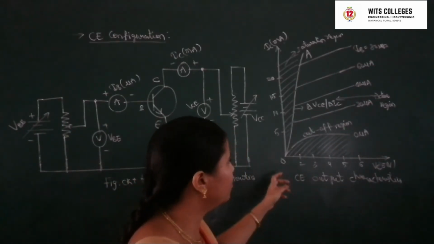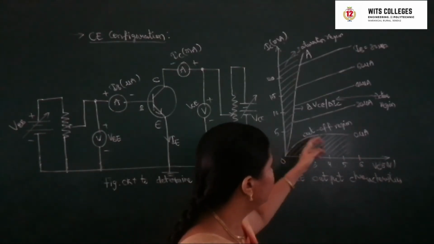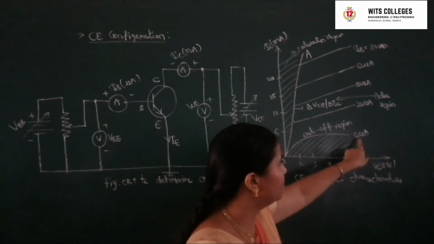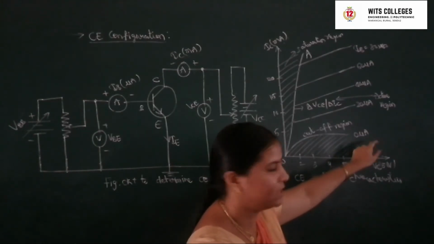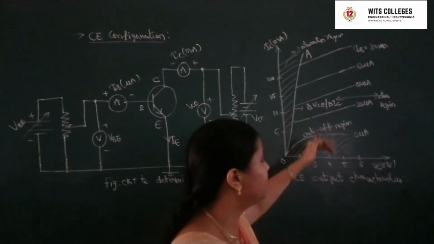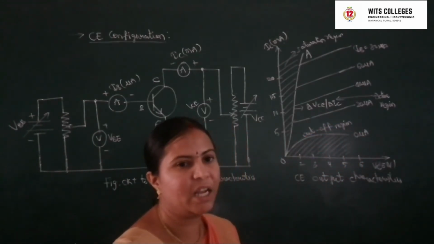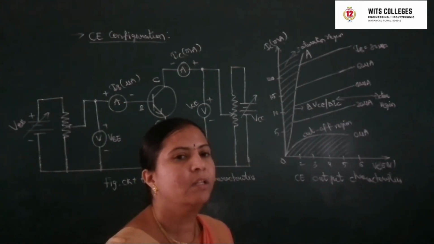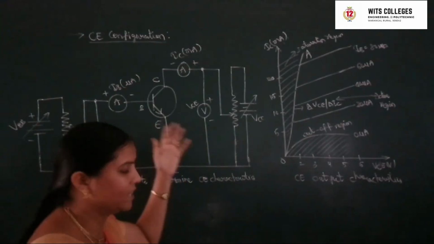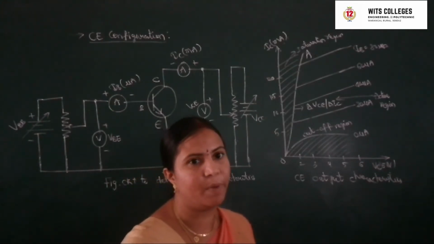Coming to the curve at IB equal to 0 microamps, here the transistor operates in the cutoff region. In the cutoff region, the base emitter junction and the collector emitter junction are both reverse biased.